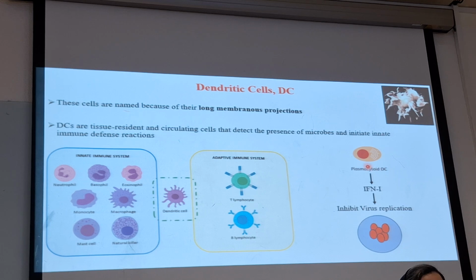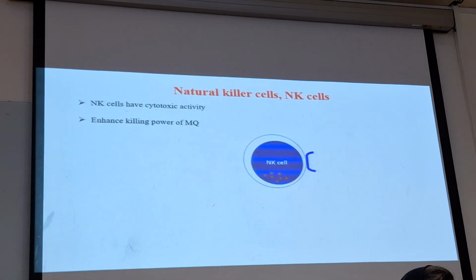Another type of dendritic cell is called plasmacytoid dendritic cells. These cells, like virus-infected cells, are able to produce type 1 interferon cytokines, alpha and beta, and lead to inhibition of virus replication or an antiviral state in target cells.